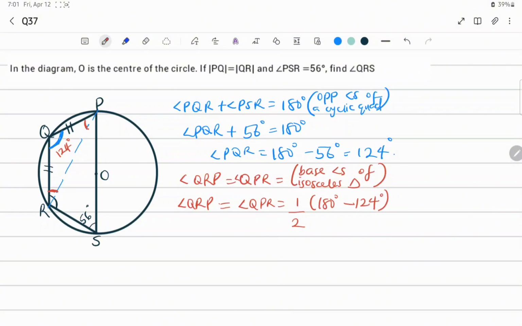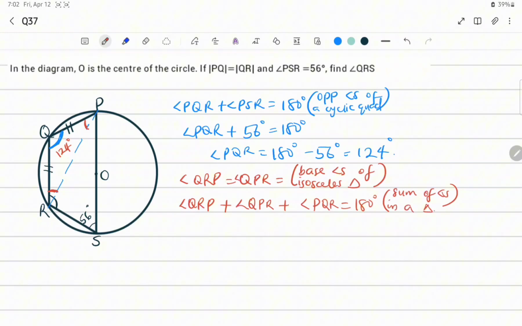If this is confusing for you, let me clean it so that it will not confuse you. QRP plus QPR in the triangle plus angle PQR is 180 degrees, the sum of angles in a triangle.